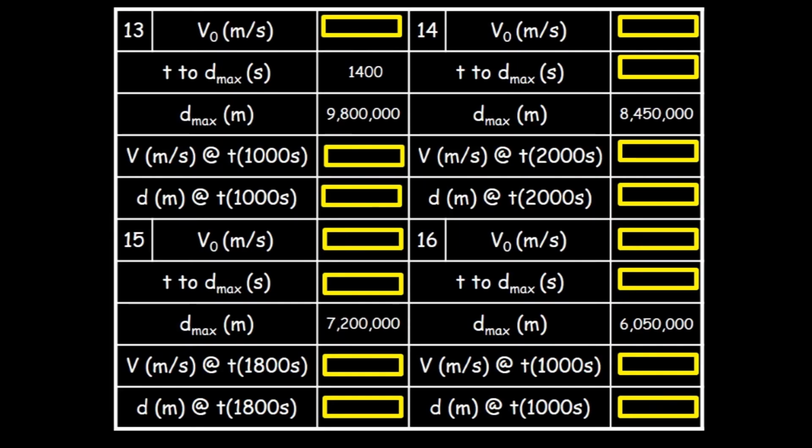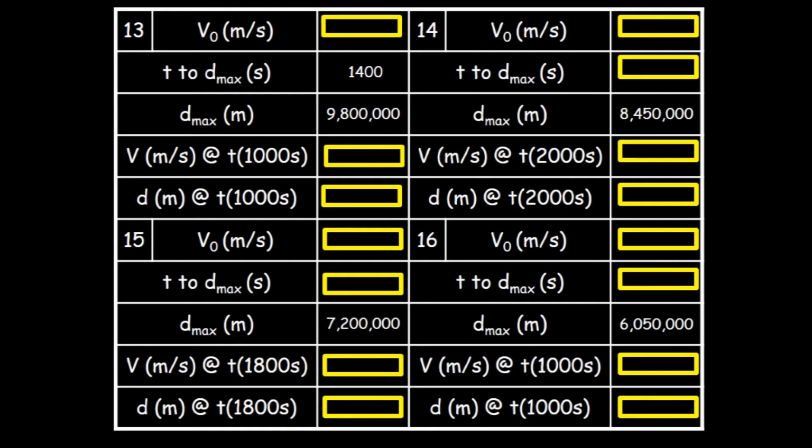So now I have 1,400 seconds. So the velocity is going to be 14,000 meters per second. And therefore, at 1,000, you're going to be 400 seconds shy of the time to Dmax.